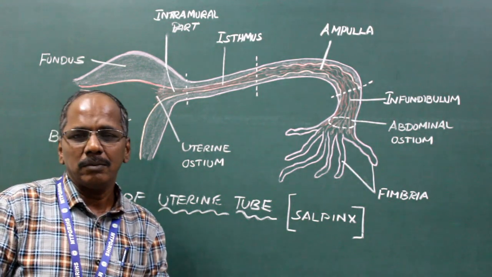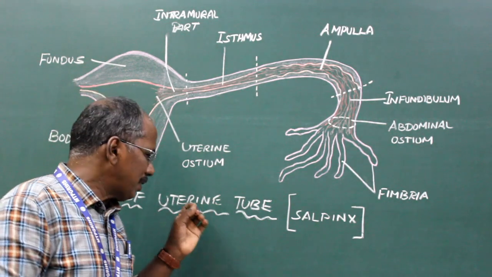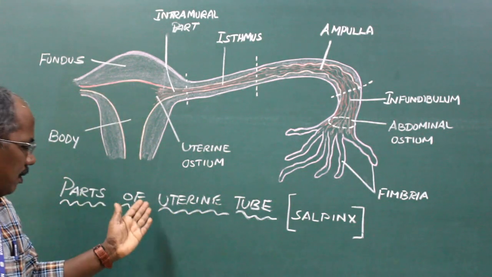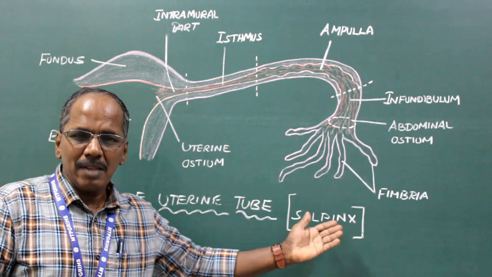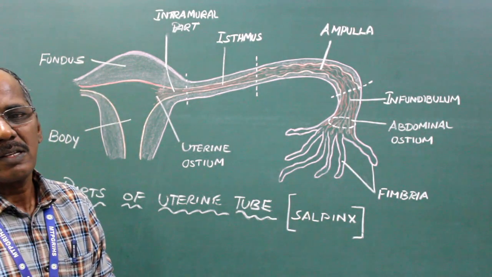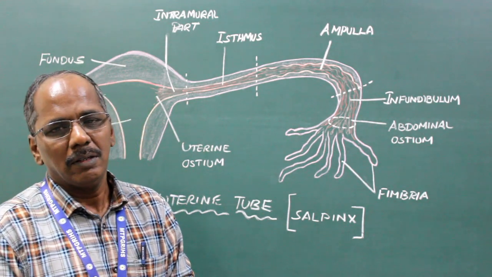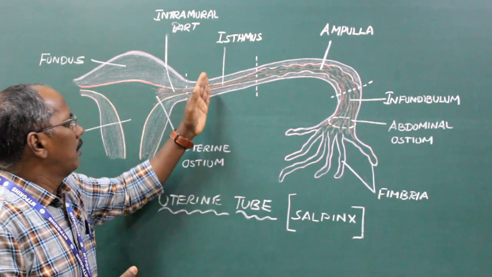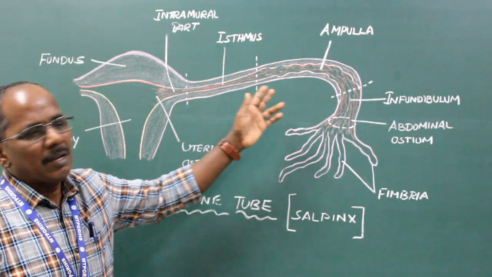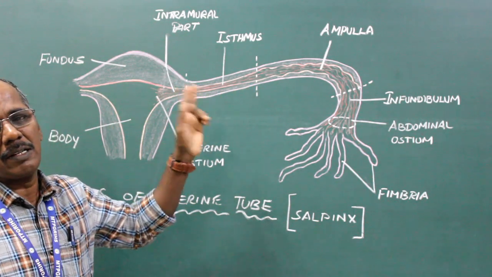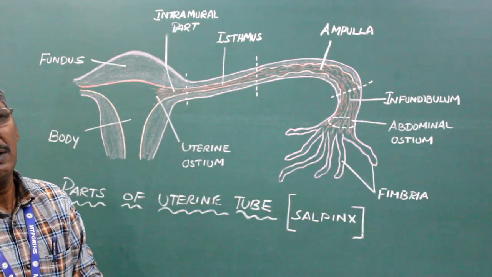Clinical anatomy. Salpingitis. Inflammation of uterine tube or the salpinx is known as salpingitis. Tubectomy. It is a procedure in which each uterine tube is cut or resected.